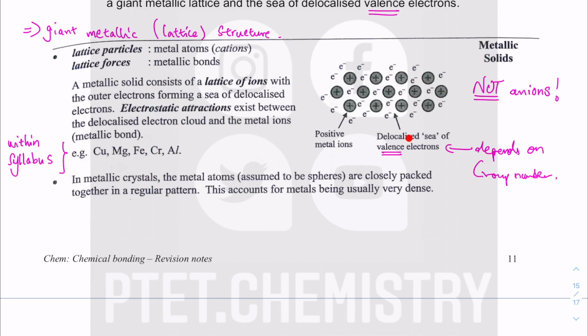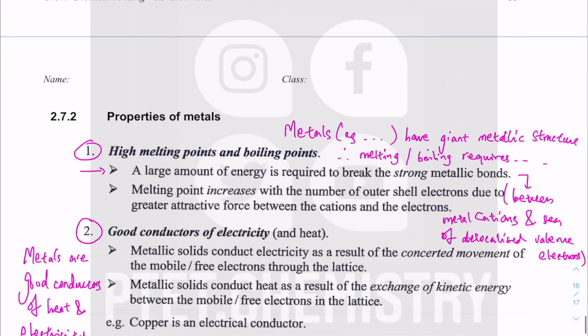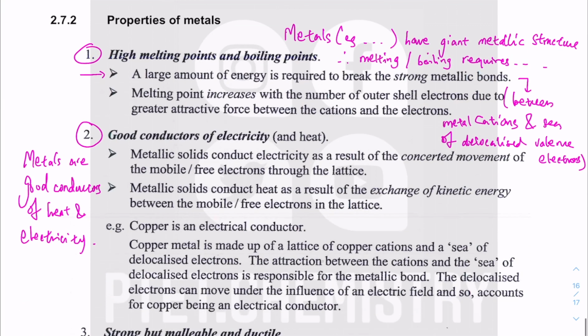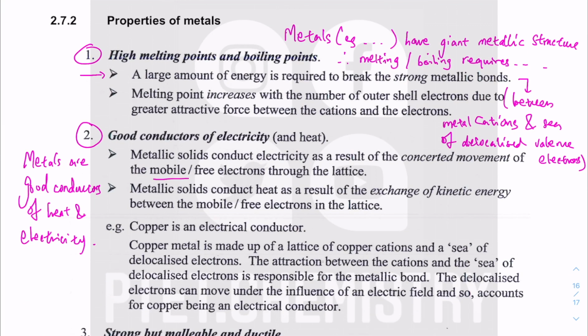Localized means fixed in the electron shell, but delocalized means no longer fixed in the electron shell. If they are no longer fixed in one place, then you have them freely moving. Then you have free or mobile electrons, and because they are freely moving through the giant metallic lattice, you can conduct electricity.